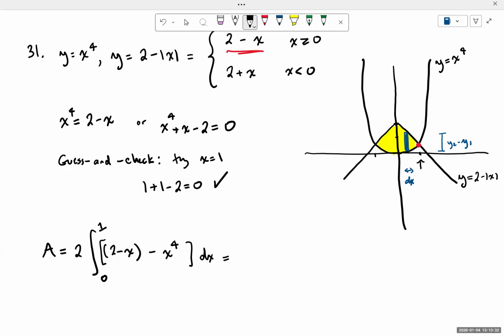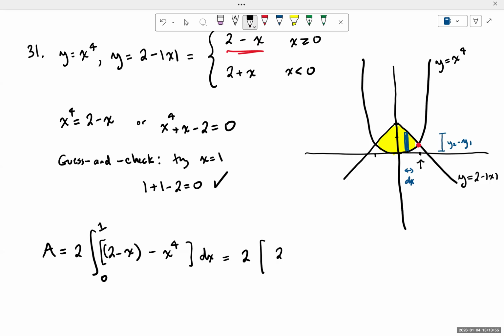But on homework, you could also check it with a graphing calculator. There are various other ways of doing it, but guess and check is an obvious one here. Now the rest of this, we just integrate the usual way.